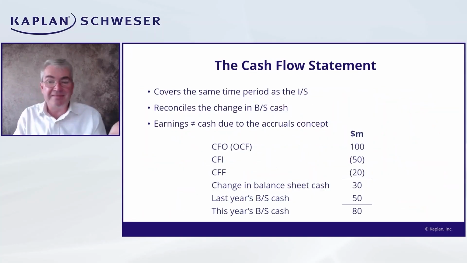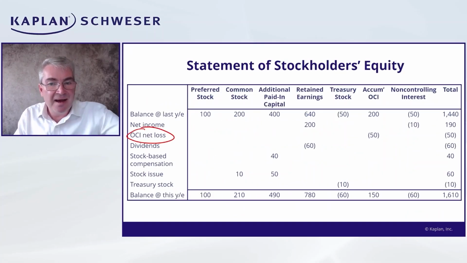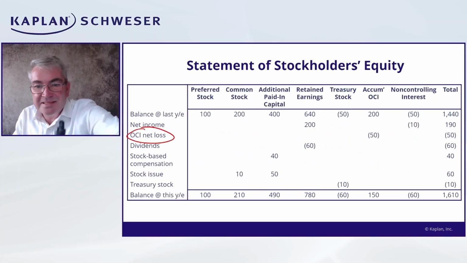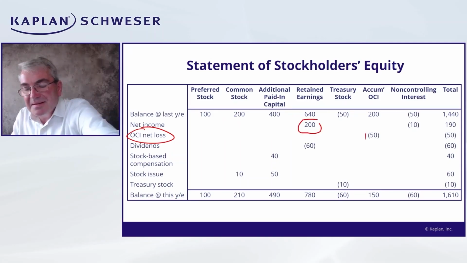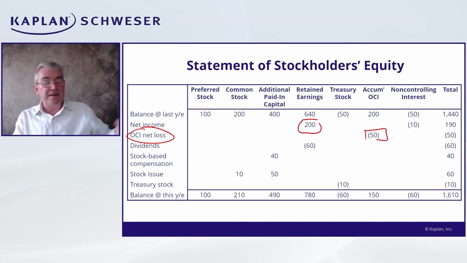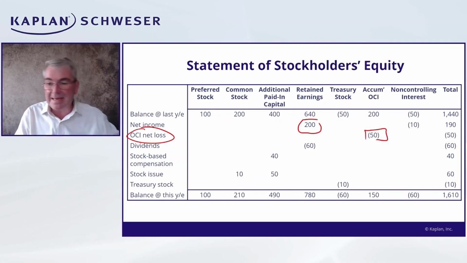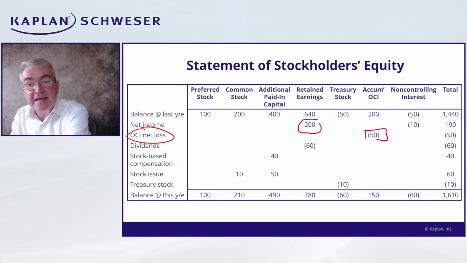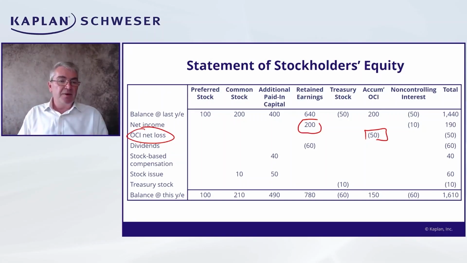In fact, you could do your comprehensive income statement here, couldn't you? What was our net income? Our net income was 200 million. And then we got a loss of 50. So our comprehensive income for this company would have been 150 million for the year. So there's your accumulated other comprehensive income net loss. It means accumulated other comprehensive income at the end of the year was 150.